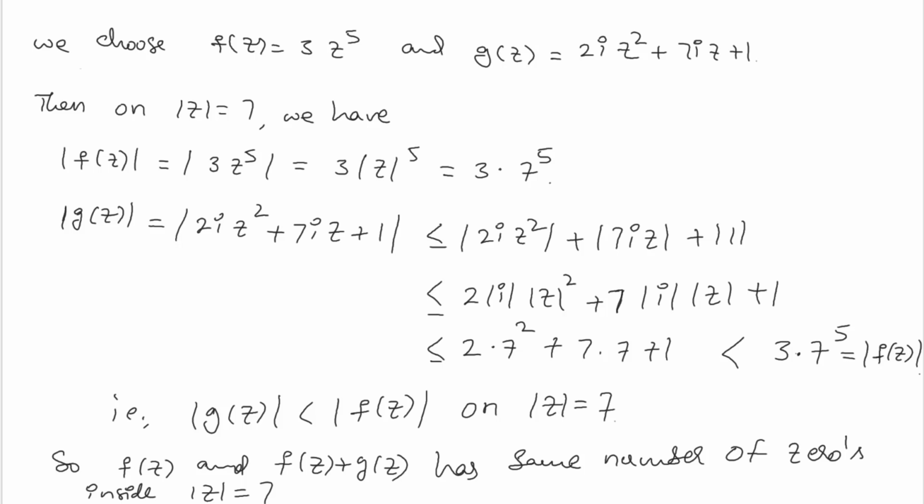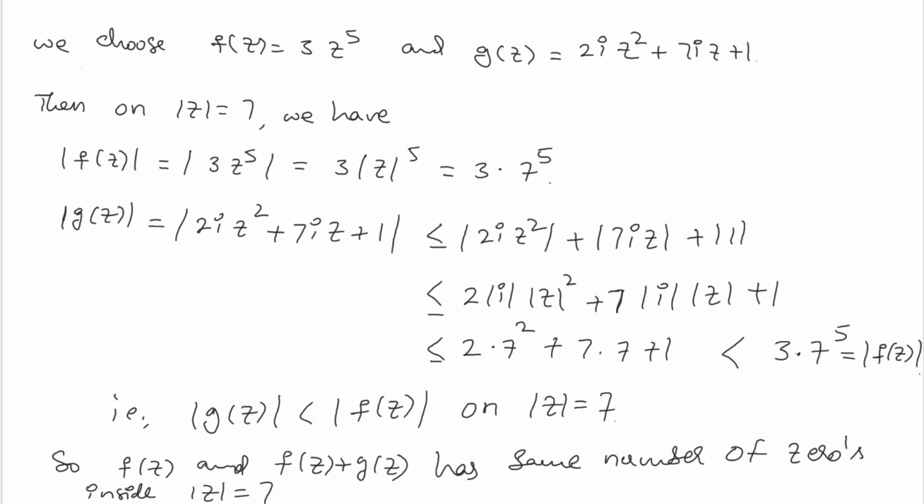So for that, I have chosen the function f of z as 3z to the power of 5 and g of z as the remaining polynomial, and it has to satisfy the condition g of z is less than f of z. One can ask why you choose 3z to the power of 5 only as f of z. One can choose the term 2iz square.